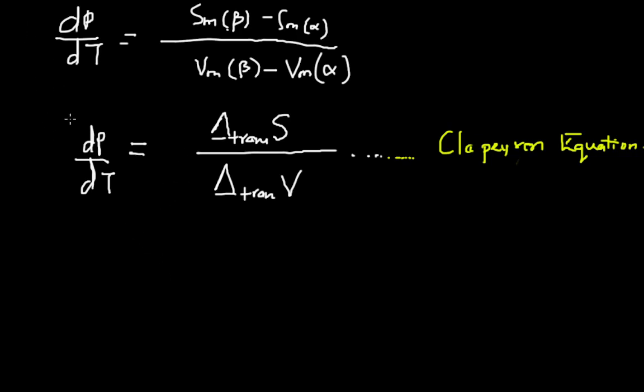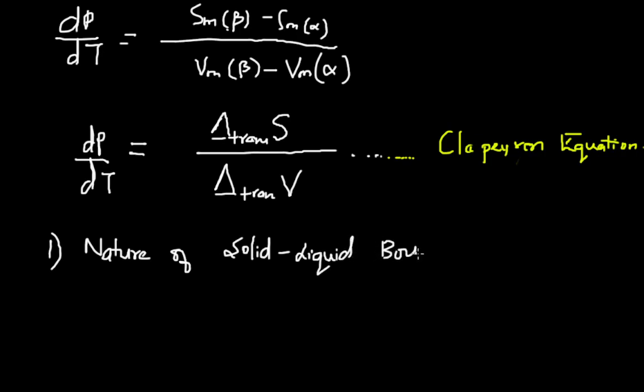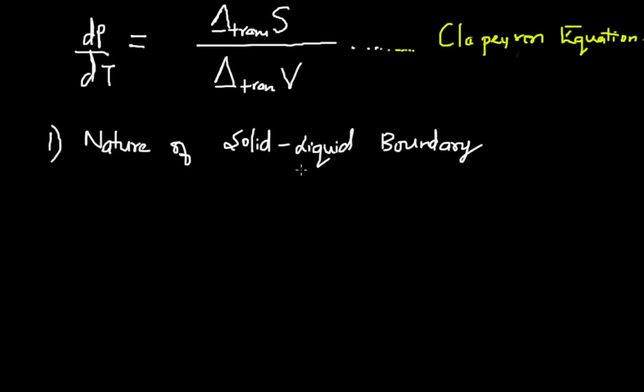So let us take a solid-liquid boundary and study in a one component phase diagram what will be the nature of the solid-liquid boundary. So what is the transition that is happening?